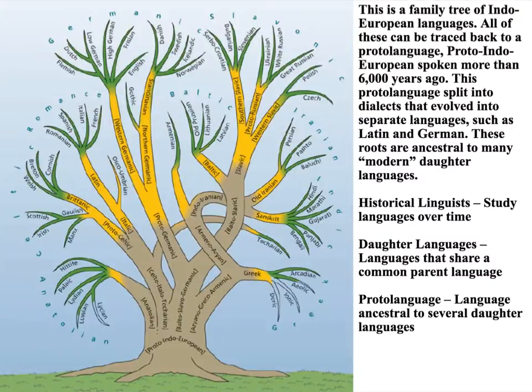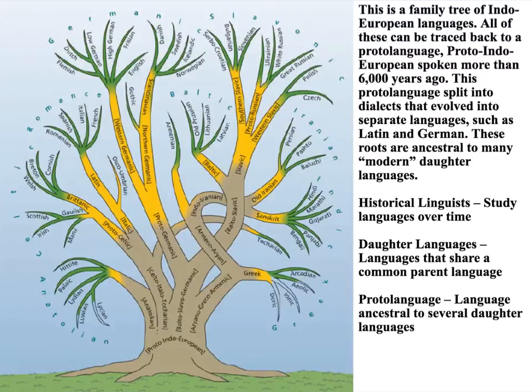This is an image taken from an anthropology textbook. This is a family tree of Indo-European languages. All of these can be traced back to something called a proto-language. A proto-language is a language ancestral to several daughter languages.